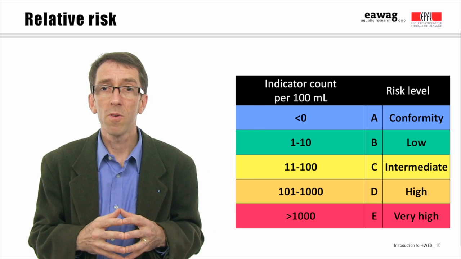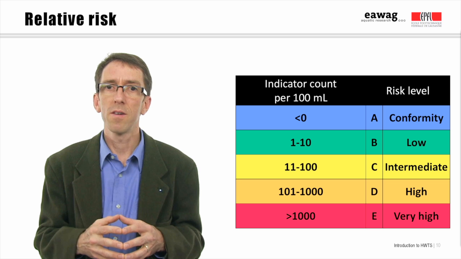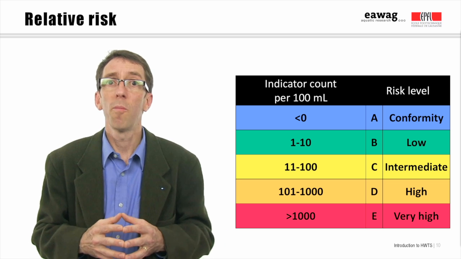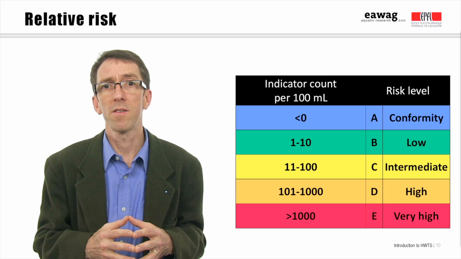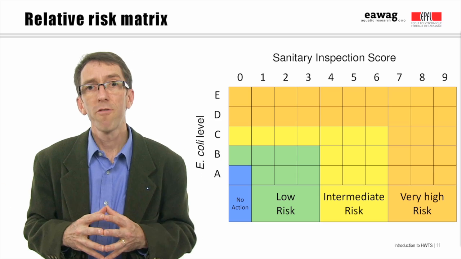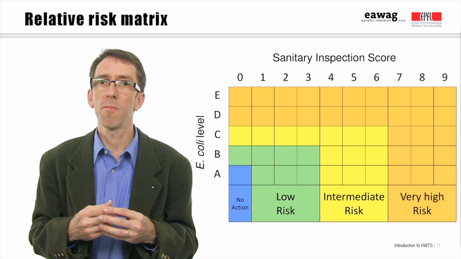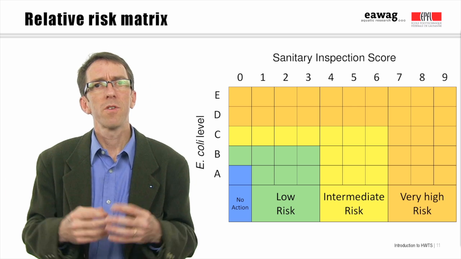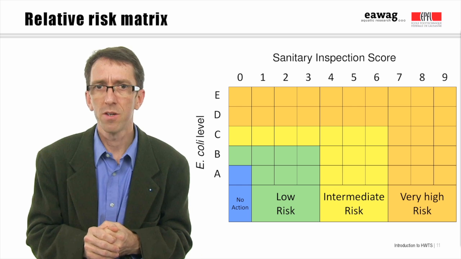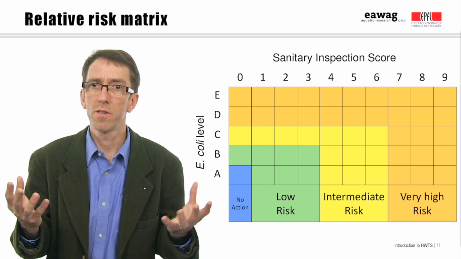Water having no detectable E. coli in it, however, might not be completely safe because E. coli is relatively less persistent and robust in the environment compared to some pathogens. For this reason, it would be preferable to combine a measure of water quality, such as an E. coli measure, with some kind of assessment of the system safety like a sanitary inspection, which identifies a number of risk factors at a water source.